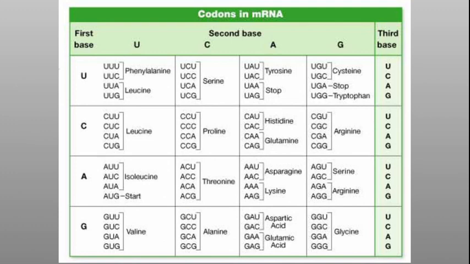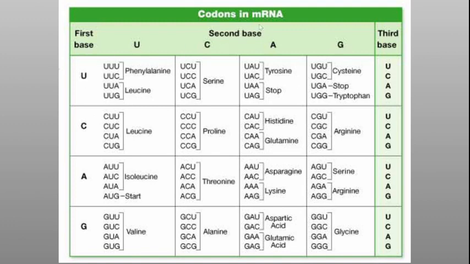So here is one way that we can read our codon chart for mRNA. So let's say you have the codon UUU, for example. Because as you can see, we have so many different variations. So the way that you would read this is, this column is your first base. So our first base was U, so we would be working with this row.